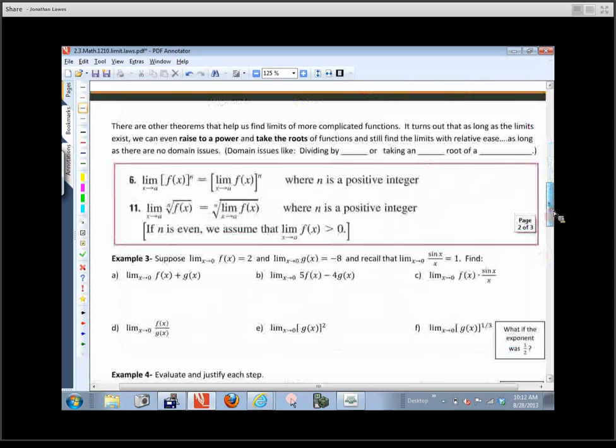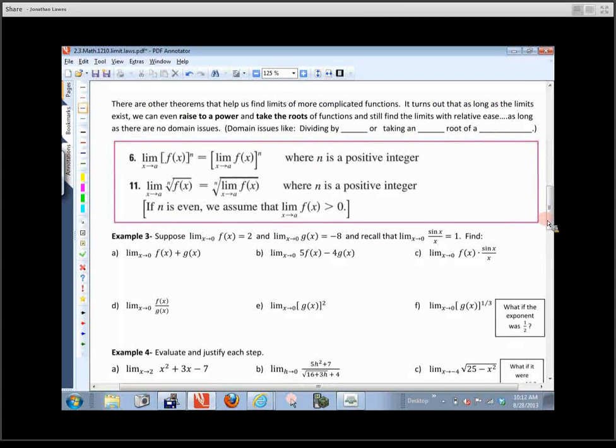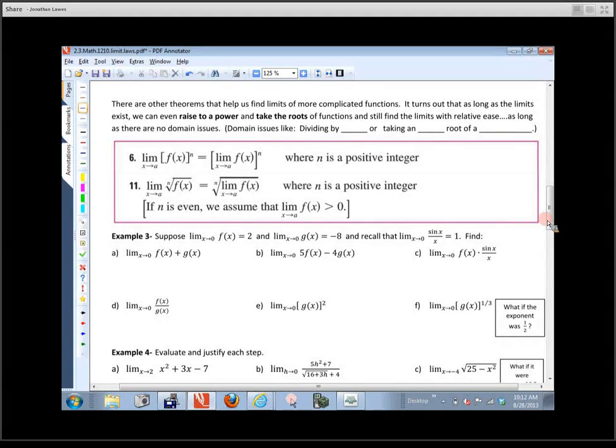All right. So there are a couple of other theorems that would help us find limits of more complicated functions. And it turns out, I've got a couple of them listed here. It turns out you can take a limit and raise it to a power. And you can take the root of those functions that you're finding limits of, okay?